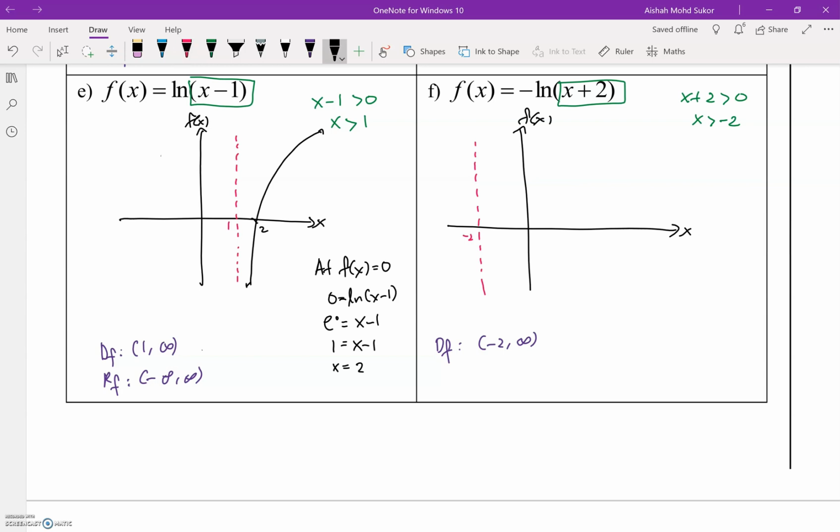As we have a negative in front of ln, the basic shape of ln will be reflected in the x-axis. This is the basic shape of negative ln x, because we have a negative here.